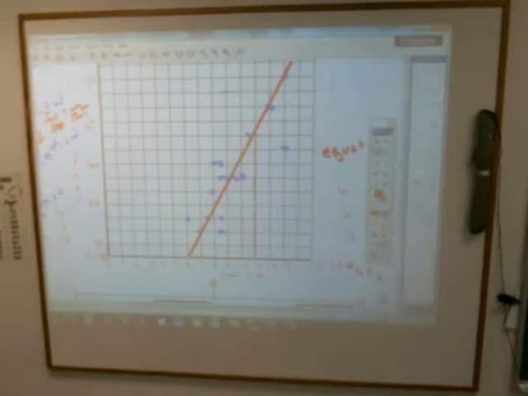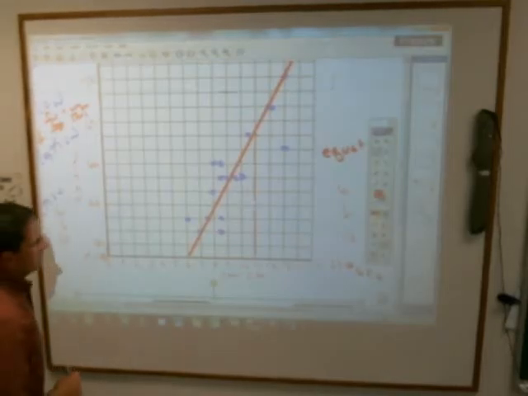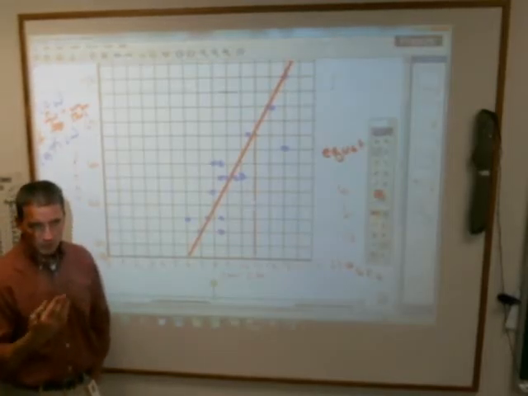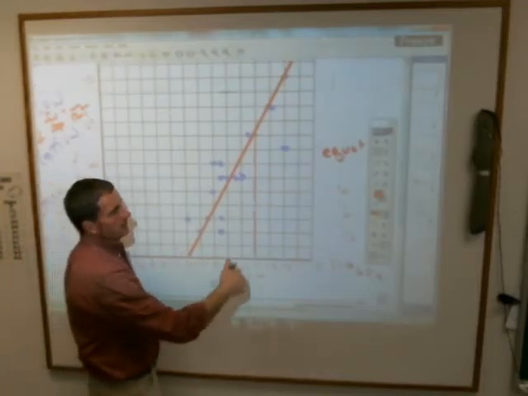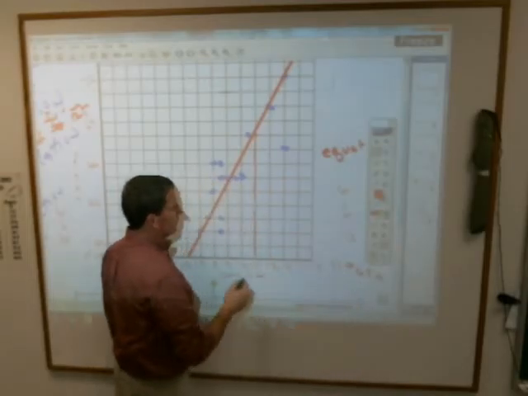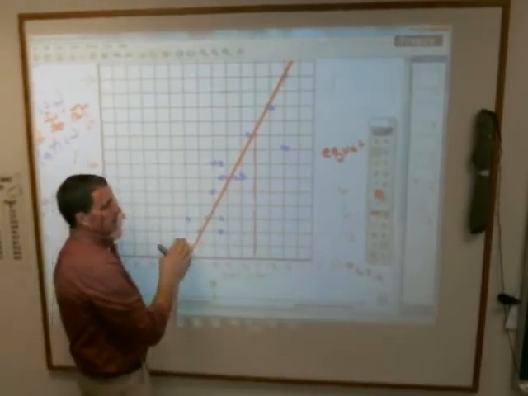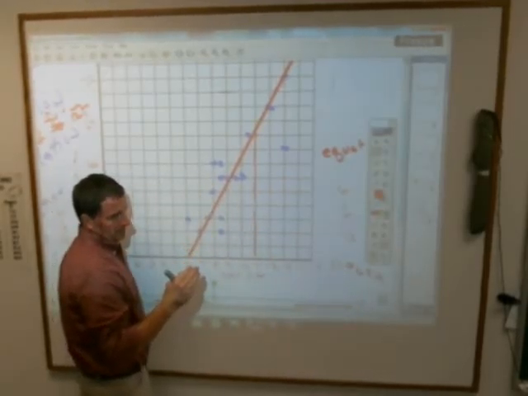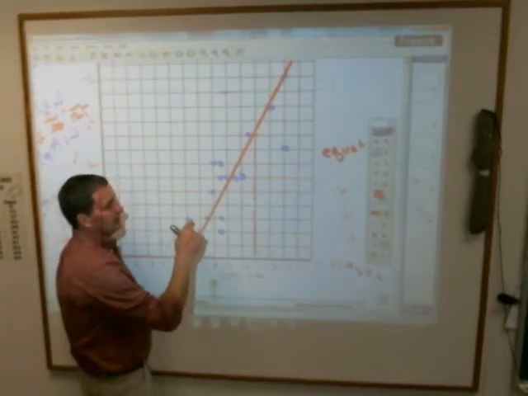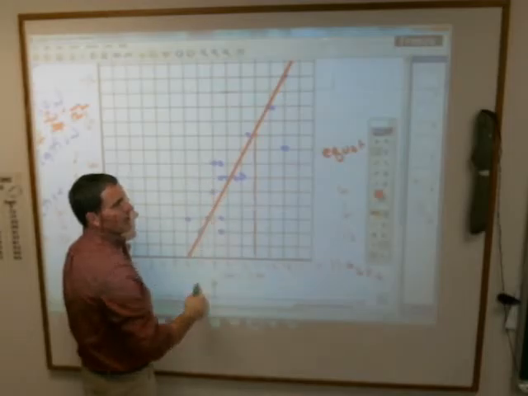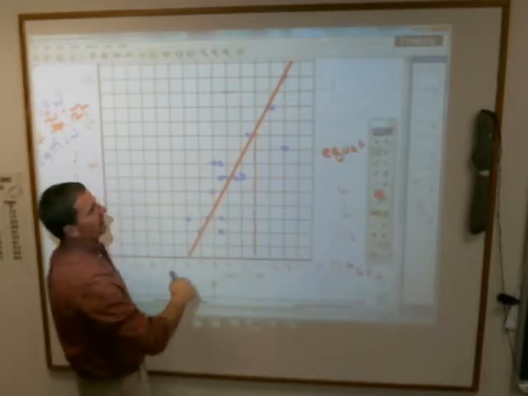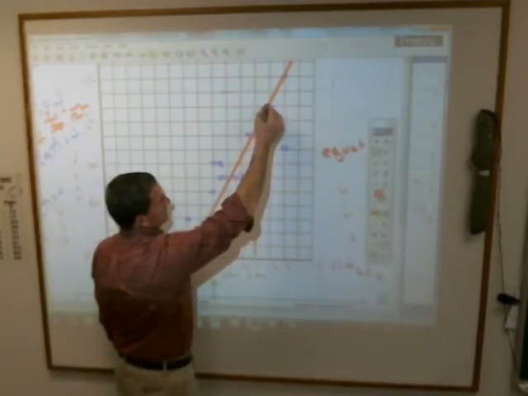Find the slope of the line of best fit. Okay, now we didn't talk about that here, but all you have to do is this. Here's my line of best fit, and again, this is not an exact thing, but if I were looking for the slope of my line, remember, you need to make a triangle out of this. In order to make a triangle, you've got to find a place where the line intersects one of the crosshairs of the x and the y axis. On mine, I would go right here.